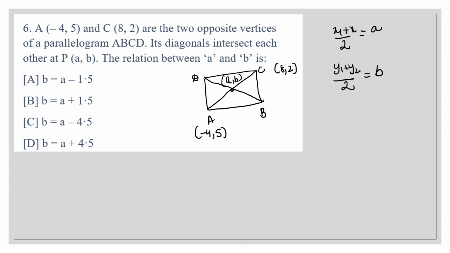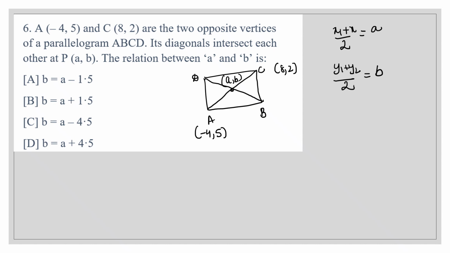Which one is correct? It says b is equal to a minus 1.5, b is equal to a plus 1.5, b is equal to a minus 4.5, or b is equal to a plus 4.5.